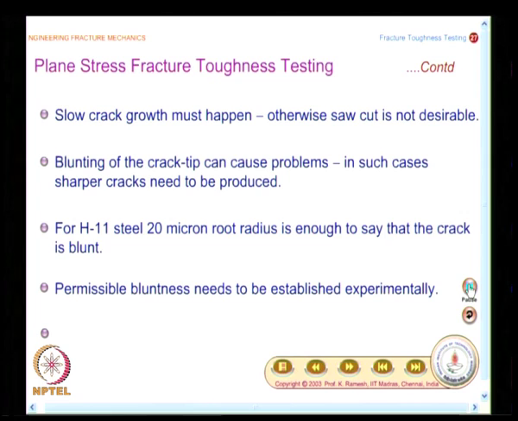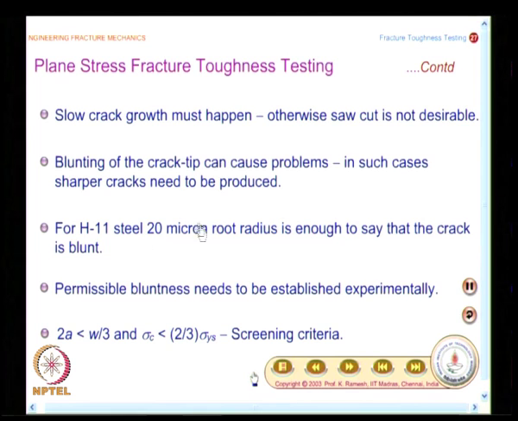So, what is observed is, in the case of H11 steel, 20 micron root radius is enough to say that the crack is blunt. We have said blunting should not happen, you need to have a sharper crack, and you have a definition of what is considered as blunting.